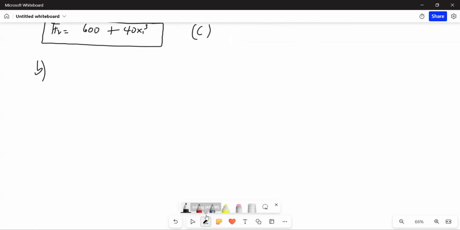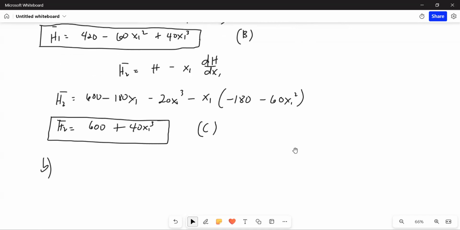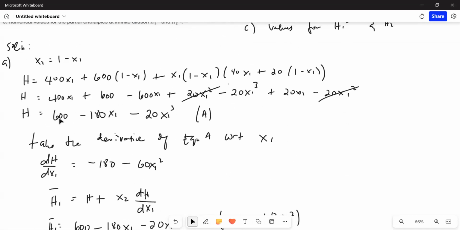So what we need to do here is to look at either equation A or B. First we begin with H sub 1.